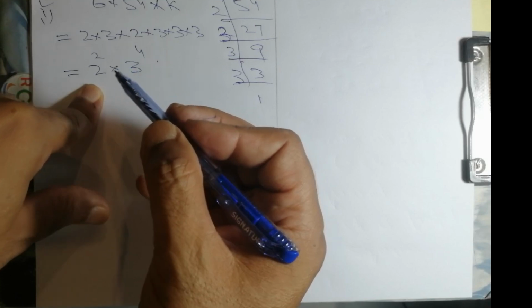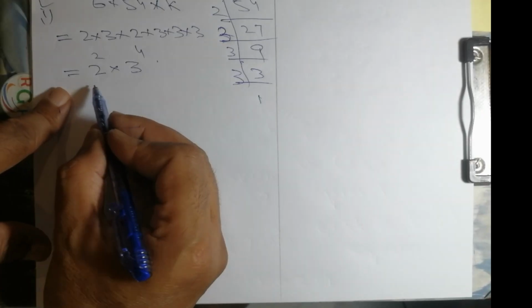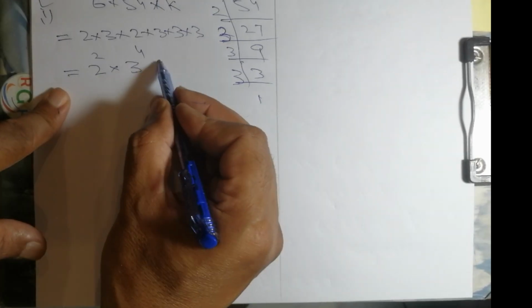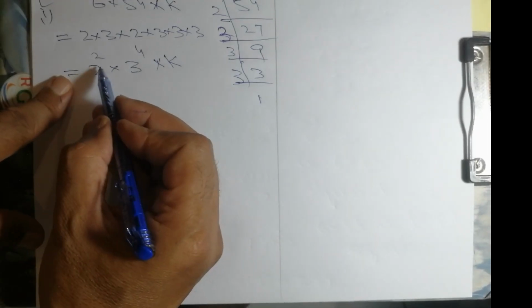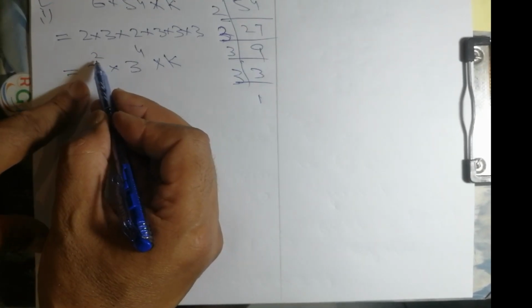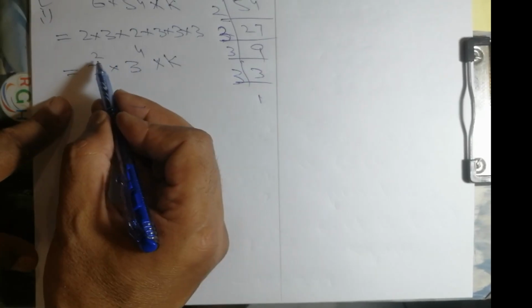It should be a perfect cube. For a perfect cube, these values should have powers of 3 or a multiple of 3.